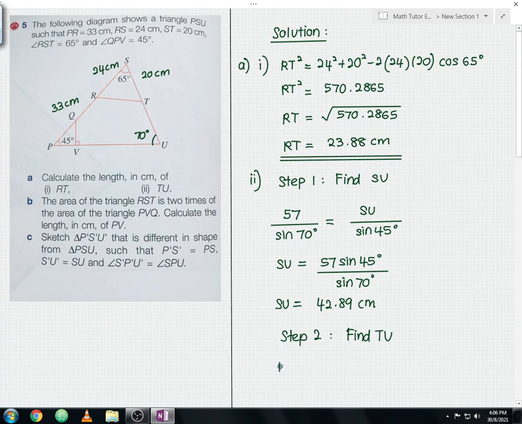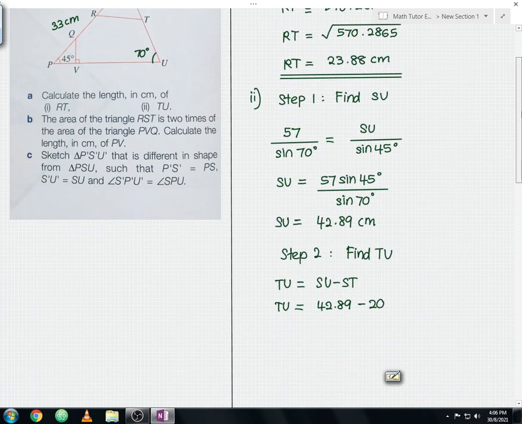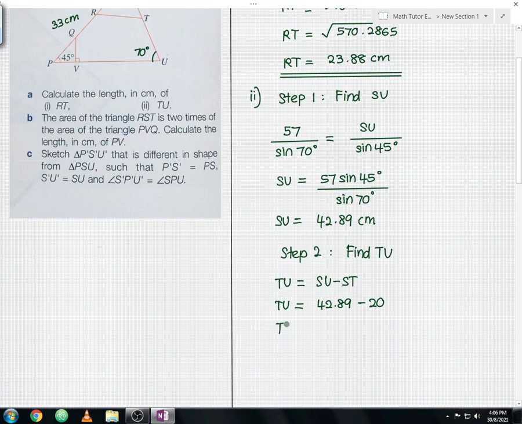TU is equals to SU minus ST. So your TU will be equals to 42.89 minus 20. You calculate this, and you should get your TU is equals to 22.89 centimeter. Okay, so this is your answer for question A, part 2. Let me underline the solution.